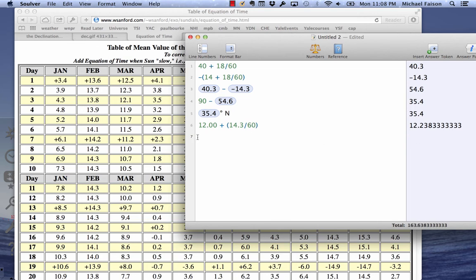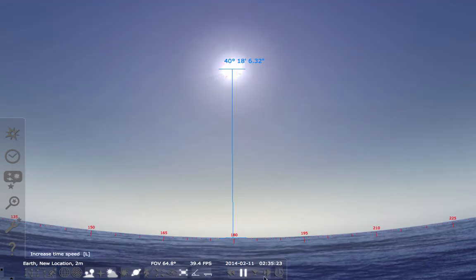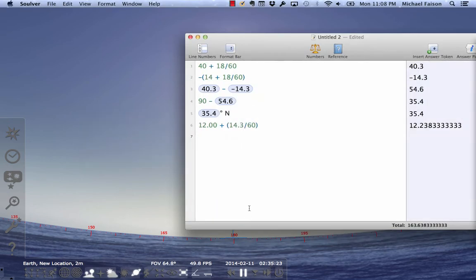All right, Greenwich Mean Time at this moment is 02:35 and 23 seconds. I'm going to ignore the 23 seconds, so I'm going to say 02:35, and I need to convert that to decimal hours, so I'll take 02 plus 35 minutes, divide by 60 to get to hours.